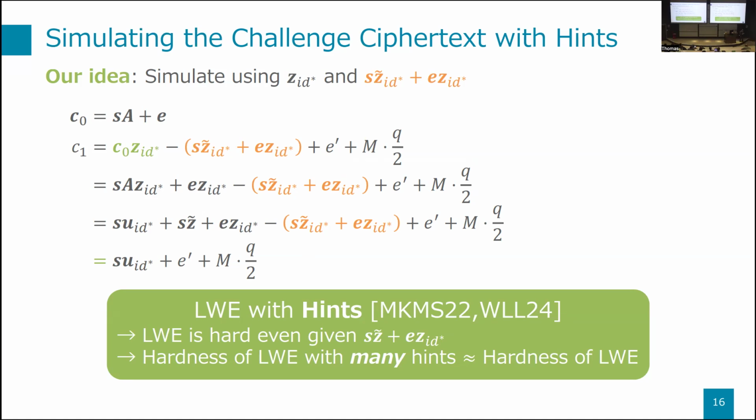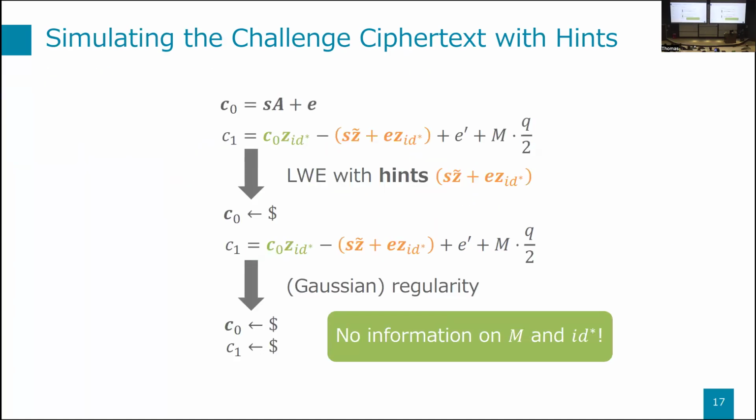Thank you for the talk. I just wondered, the last step of the proof is to use some regularity argument on C0 times CID star, I think. And what kind of impact does this regularity argument have on your parameter sizes? Yeah, Gaussian regularity in the ring setting, we can use more compact size.